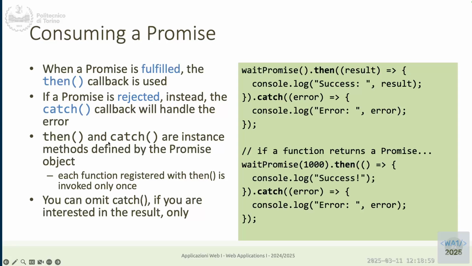So then and catch are methods already defined in the library, in the promise object. What I have to provide are just the callbacks. But you see that they already keep separated the good case and the bad case. So we don't have to do if error is null or something like that. We have one method if the data is okay, one method if we have some error.